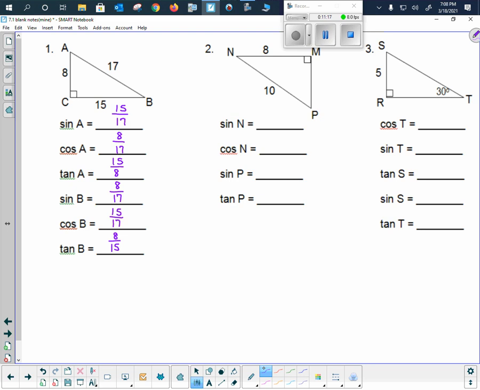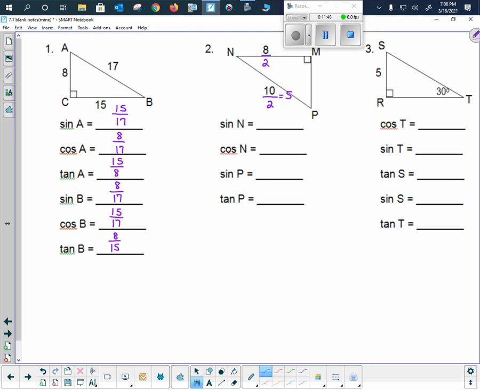All right, number 2. Let's do our little review stuff first. I'm missing a side. If I'm missing one side, I know that I'm supposed to first see if it's a 30, 60, 90, or 45, 45, 90. There's no markings that tell me that. So I'm going to go on to reducing, then triples, then Pythagorean theorem. Here's our work. Let's reduce 8 and 10 by 2.